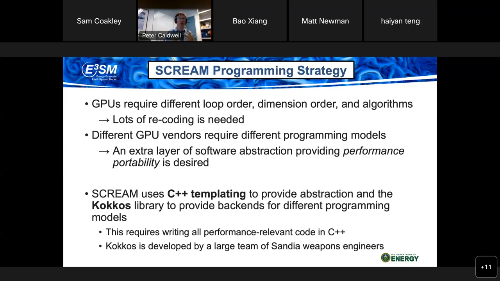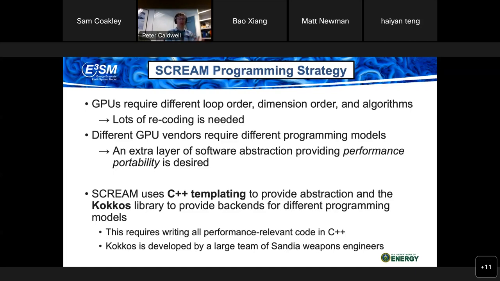We're using one of those performance portability techniques, which is to rewrite our entire code in C++ in order to use its templating ability to provide that abstraction.